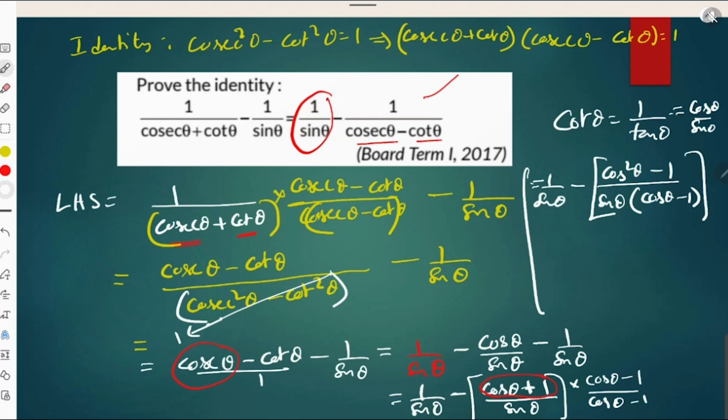So cos square theta minus 1 is minus sine square theta. So it is minus sine square theta divided by sine theta into the cos theta minus 1 as it is. So 1 sine theta will get cancelled.